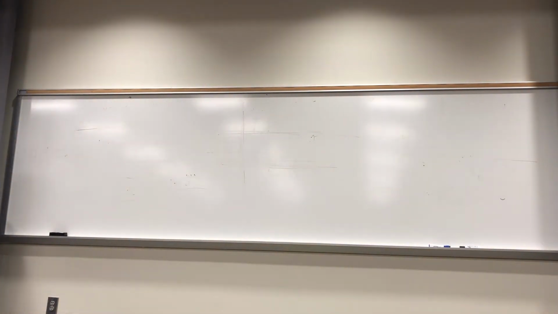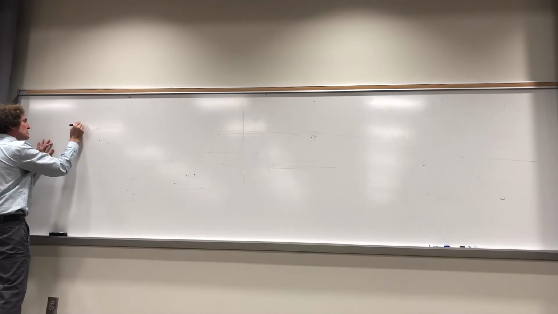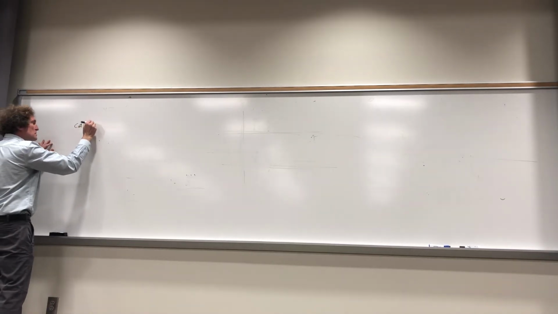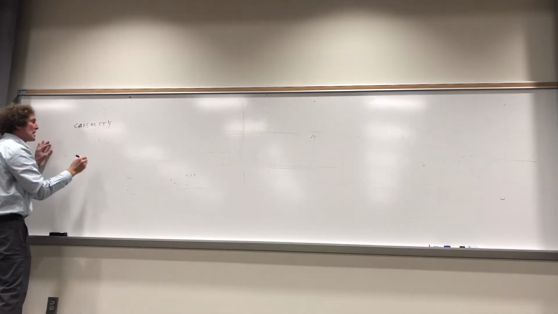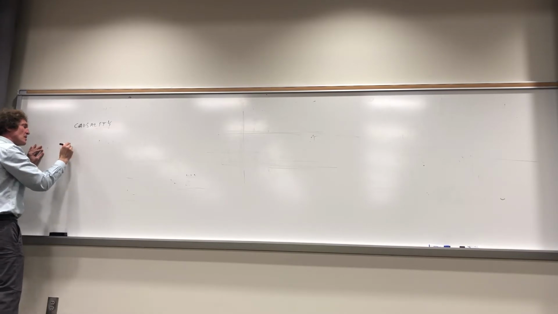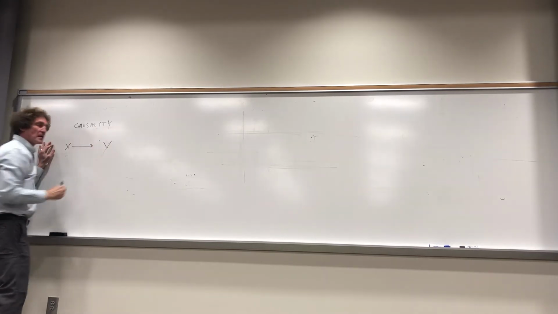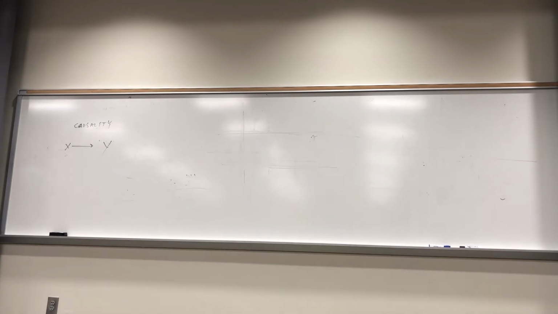It will make perfect sense to you. The word is causality. It implies that an event here causes something here. It causes it. Understand? Now, when we talk about whether you have a causal or non-causal system, here's the key.